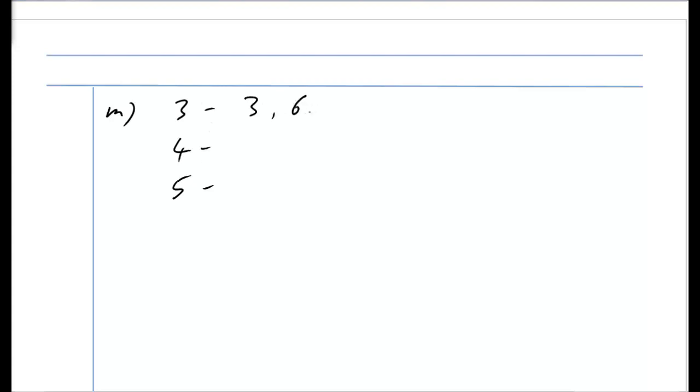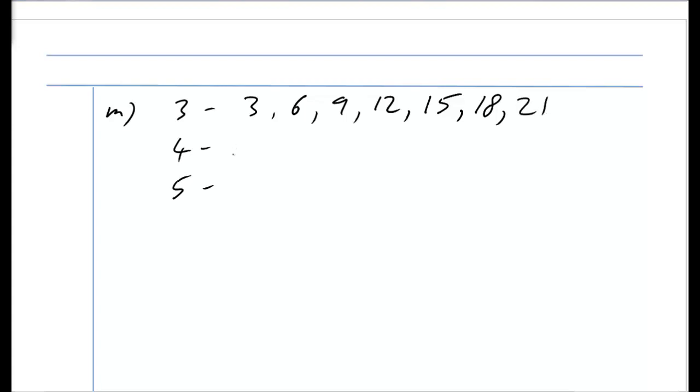So 1 3 is 3, 2 3s are 6, 3 3s are 9, 4 3s are 12, 5 3s are 15, 6 3s are 18, 7 3s are 21.